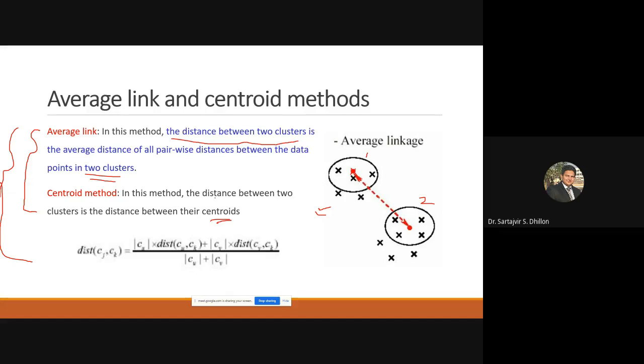The diagram of both methods is the same. You just have to remember that in the case of average linkage, we take the average distance, and in the centroid method, we take the distance between two centroids. So there is only a difference in terms, but the physical appearance of both methods is the same.